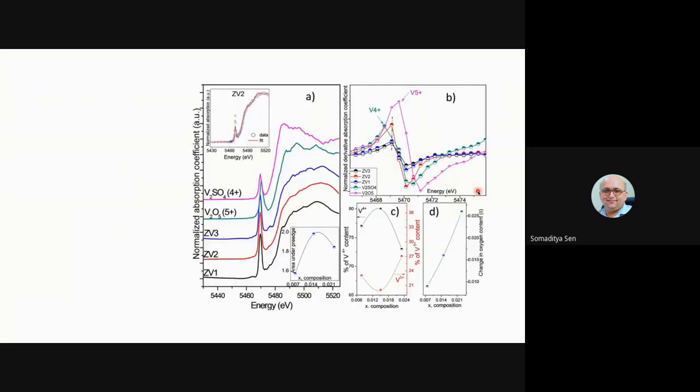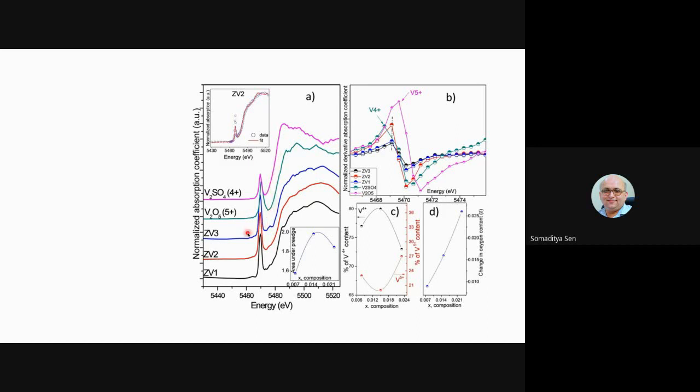Okay. So in this one, I'll show you the effect of vanadium in zinc oxide. You can see that there are two compounds where the vanadium is in 4 plus and 5 plus configuration. And from this, you can see that the edges are differently placed.